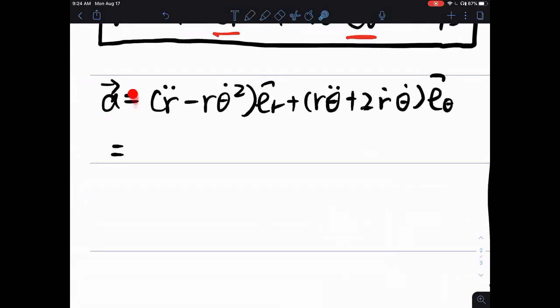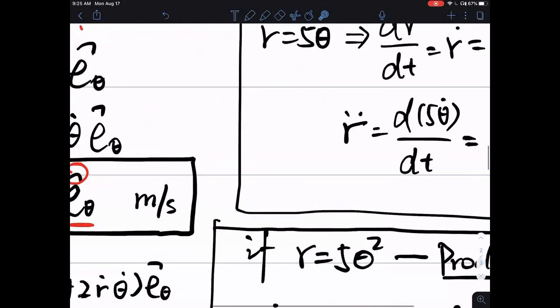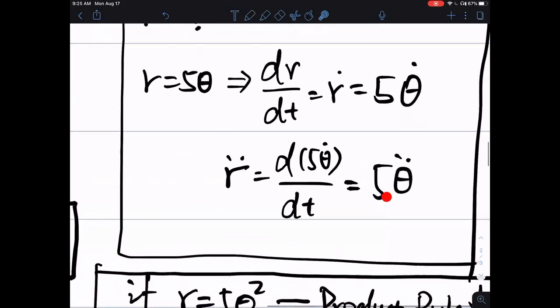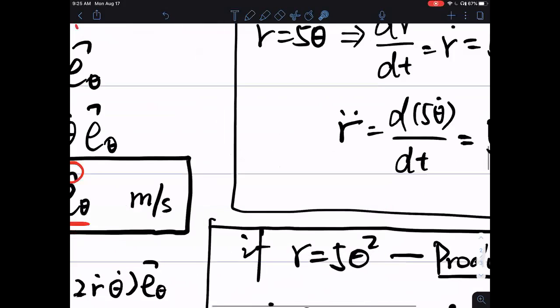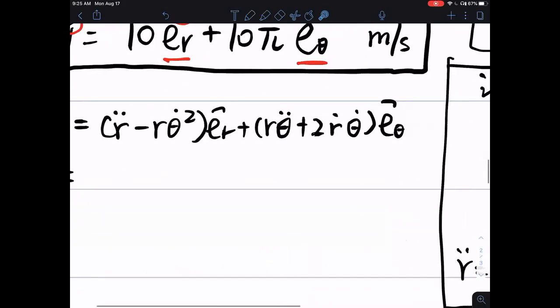In order to find the acceleration, we need to find r double dot. I think we just did that, right? In the practice, r double dot is 5 theta double dot. And we know r, we know theta dot. Theta double dot is not given directly. What is theta double dot?